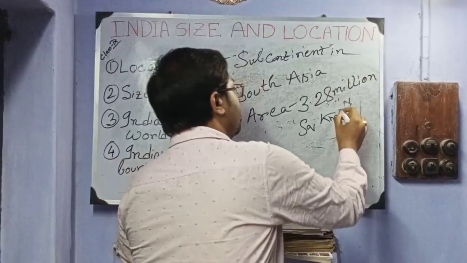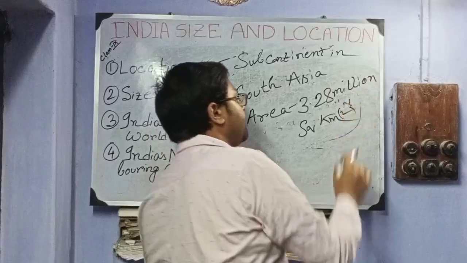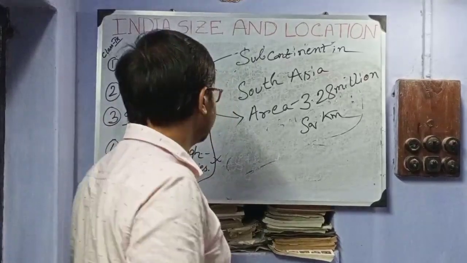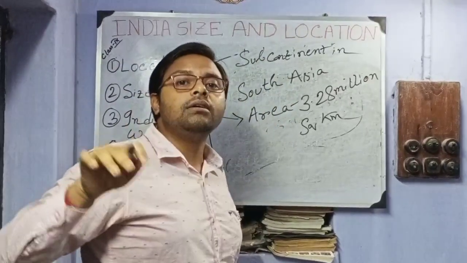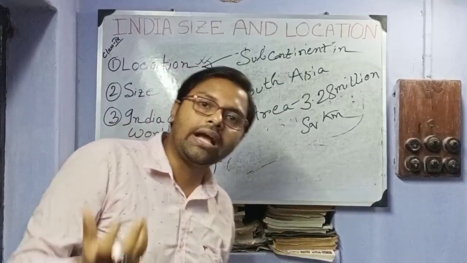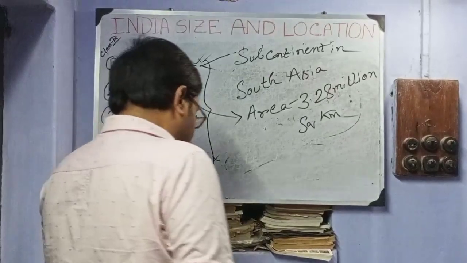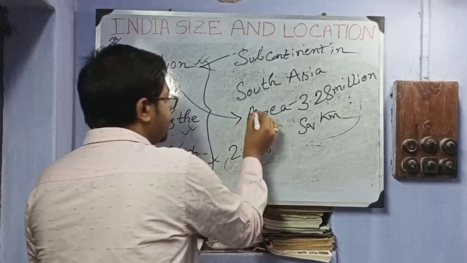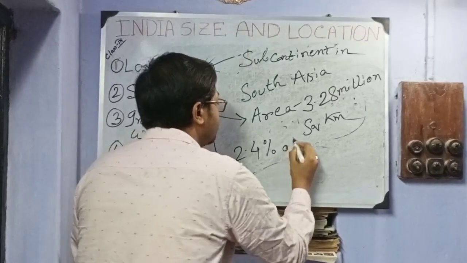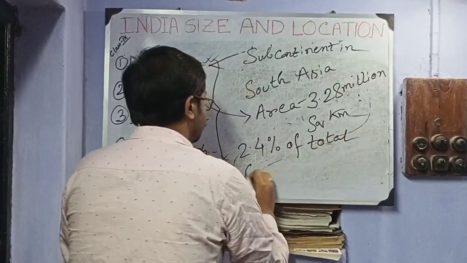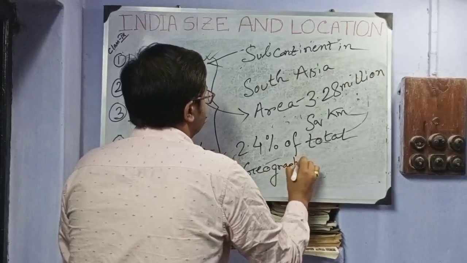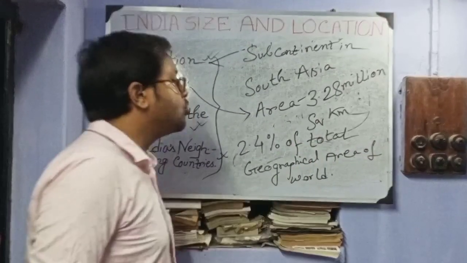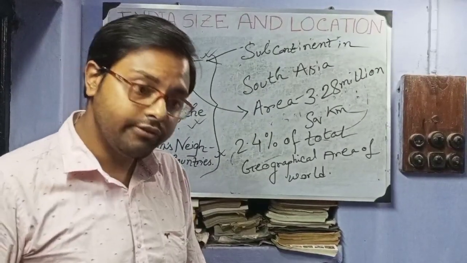This is the area of India, the mainland including the islands, which is 2.4% of the total geographical area of the world.